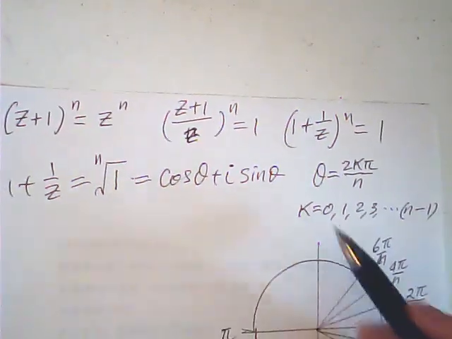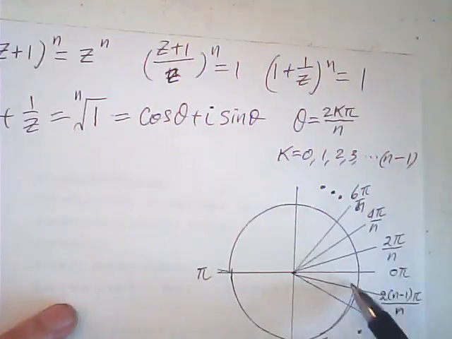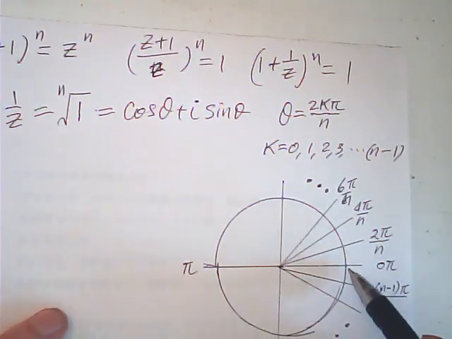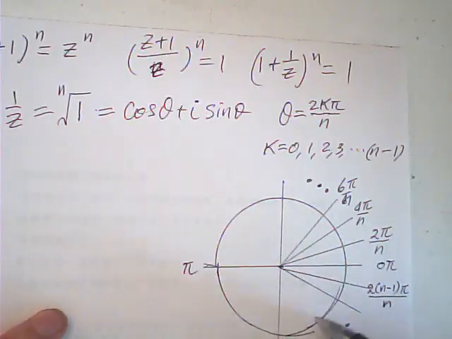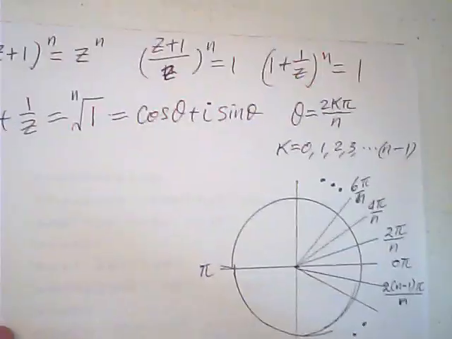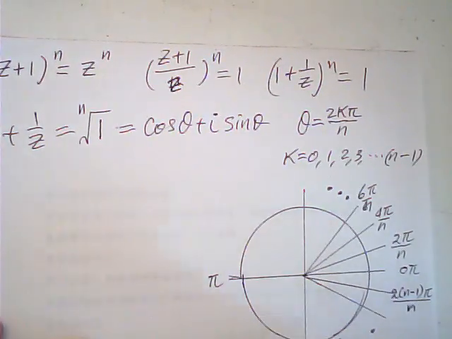Namely, theta is an angle of 2π/n, evenly distributed over this unit circle. I love the unit circle. There are quite many applications in my videos.